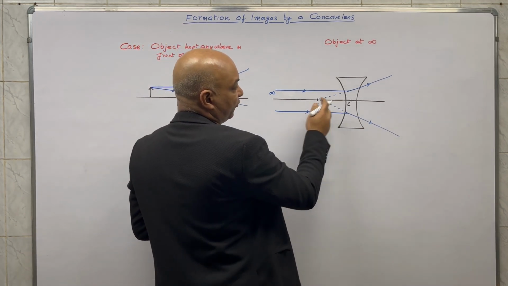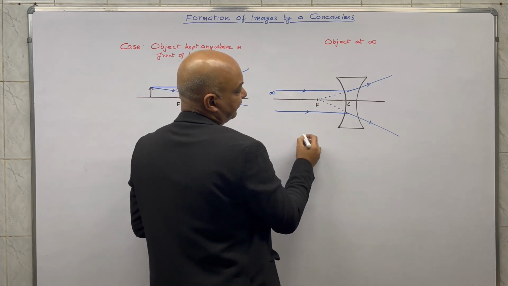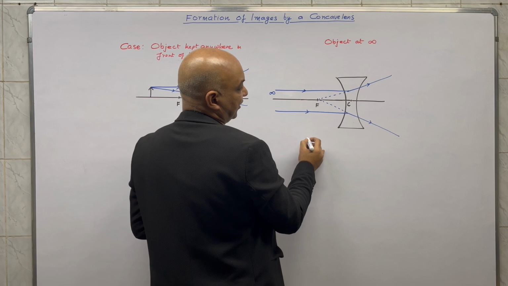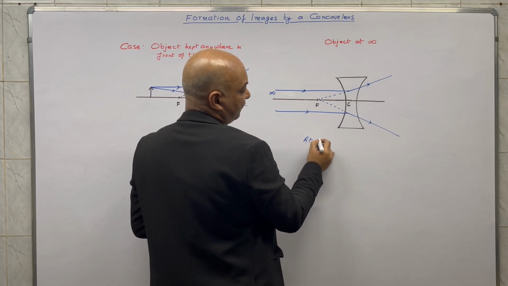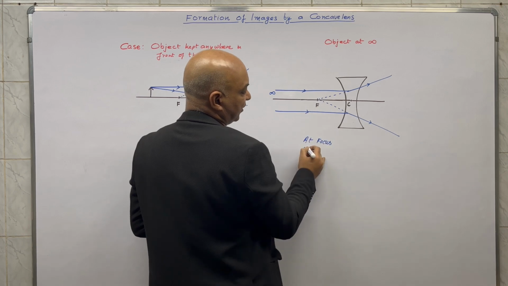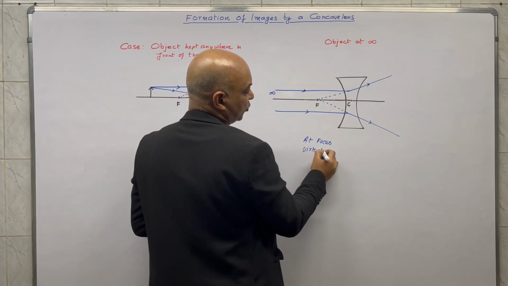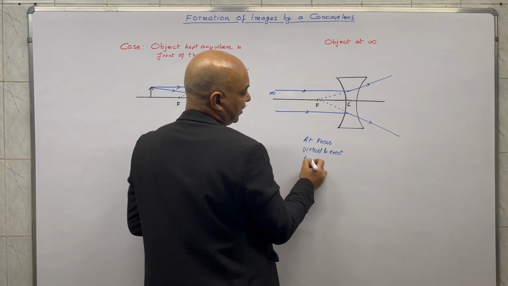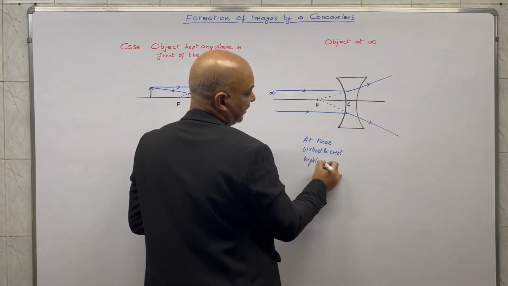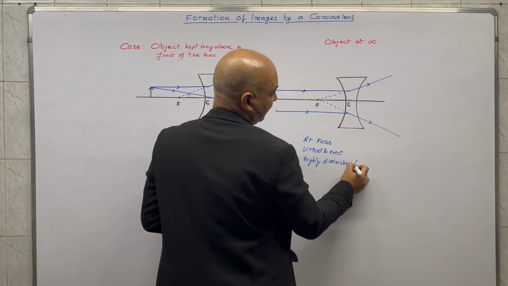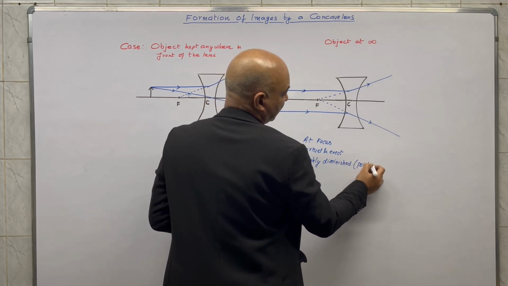So if we keep moving the object away, that is, here I have kept the object at infinity, image formed will be at focus only. It is going to be as usual virtual and erect, and it's going to be highly diminished, or we can say point sized.